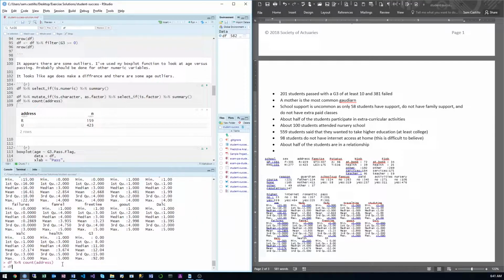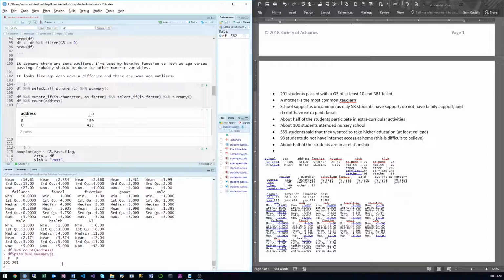Let's check. Yeah, that's what it says. So that's a pass rate of 201 over the total.